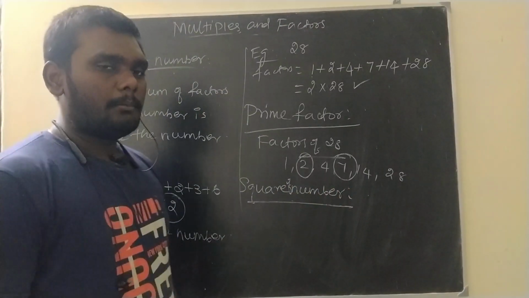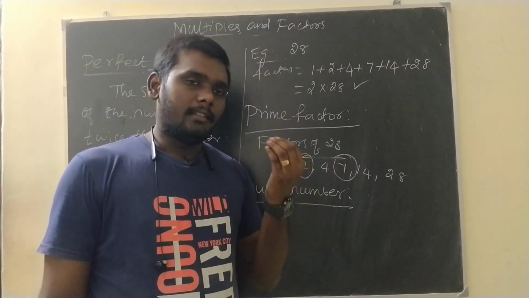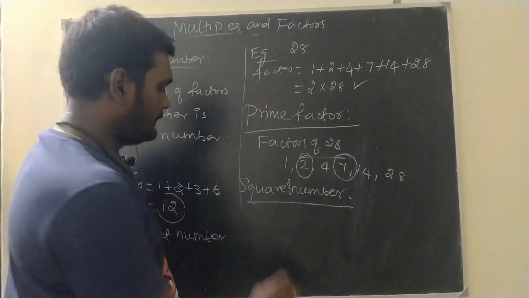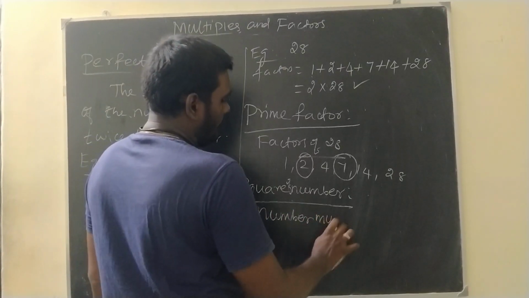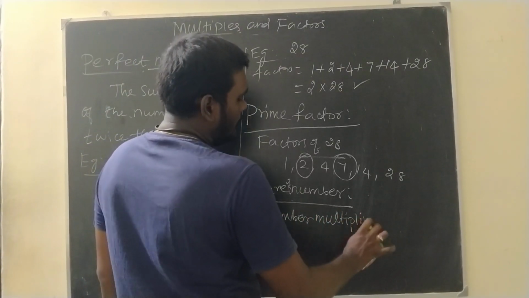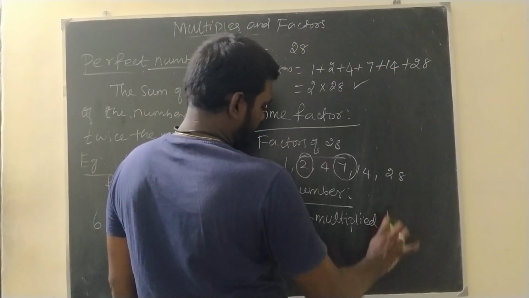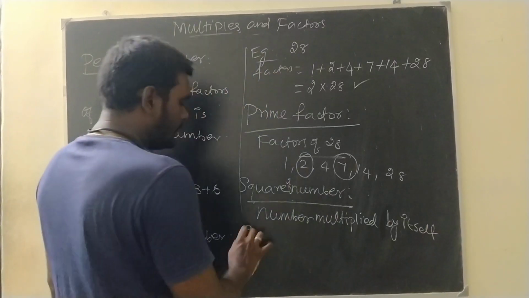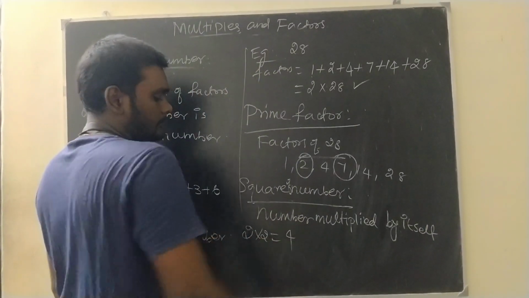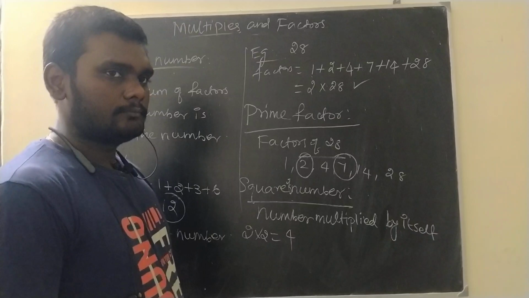And then square of a number. What do you mean by square of a number? It means the number multiplied by itself. If 2 is there, 2 twos are 4.